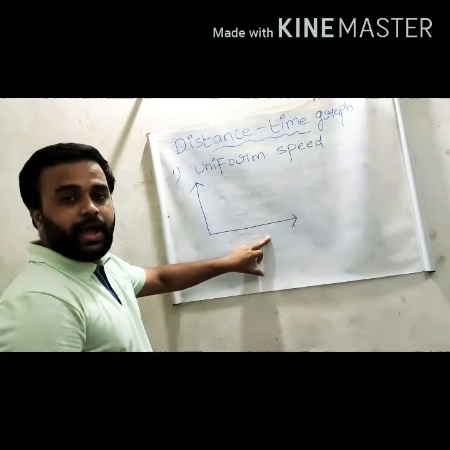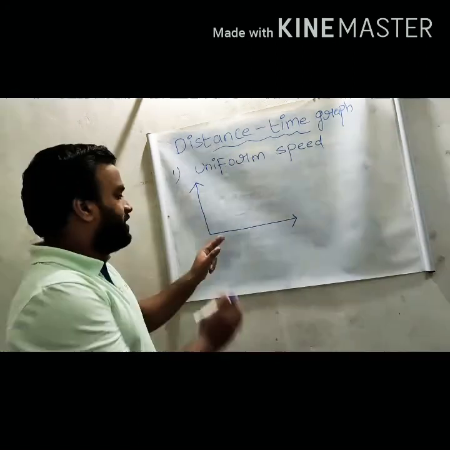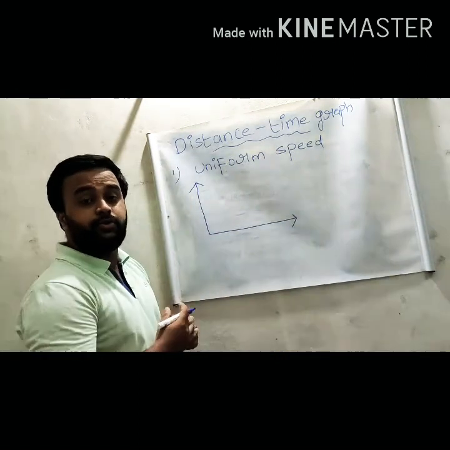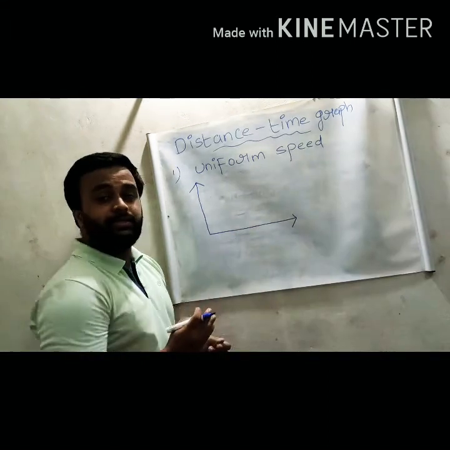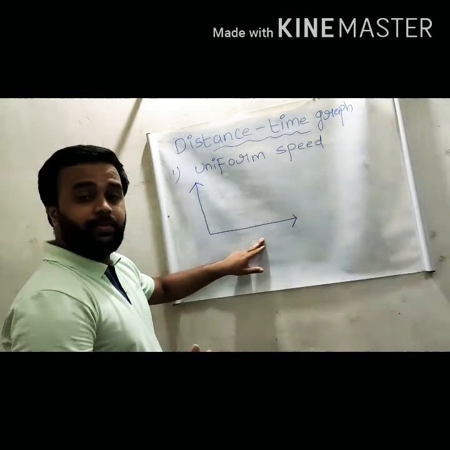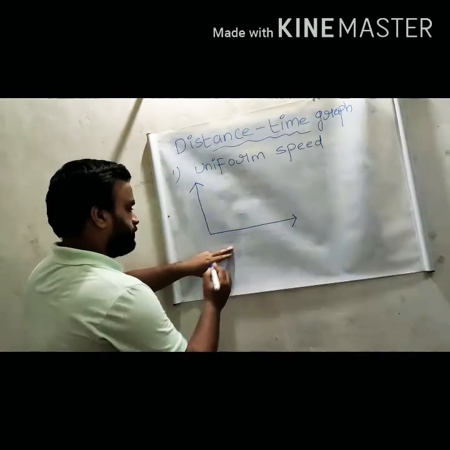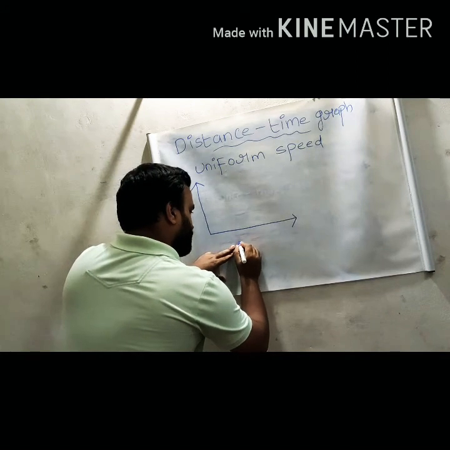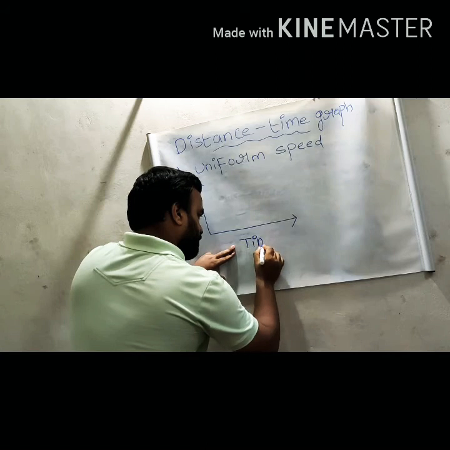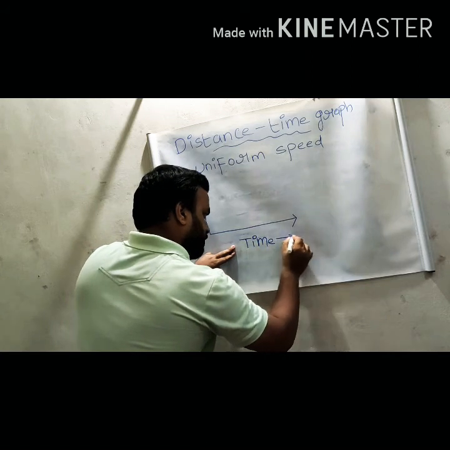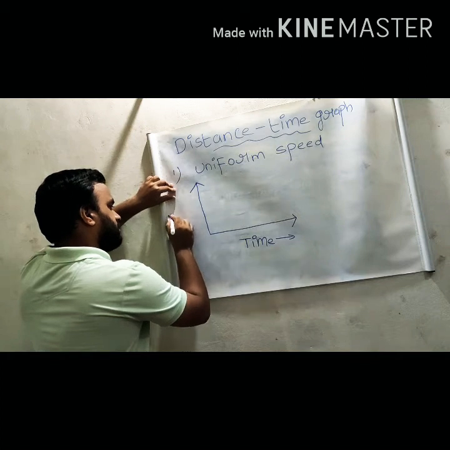This is the x-axis and this is the y-axis of the graph. In the x-axis, we will plot time, and in the y-axis, we will plot distance.